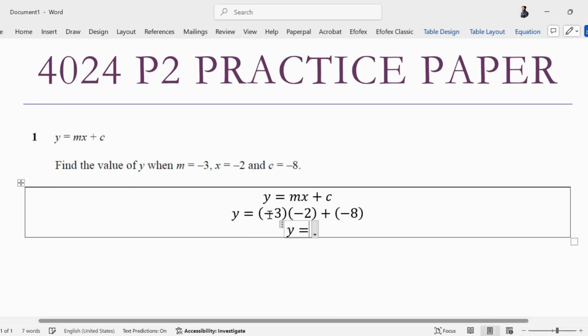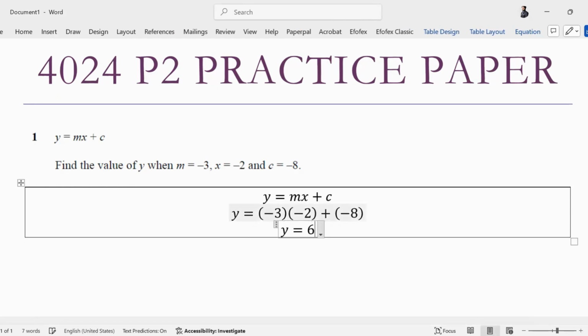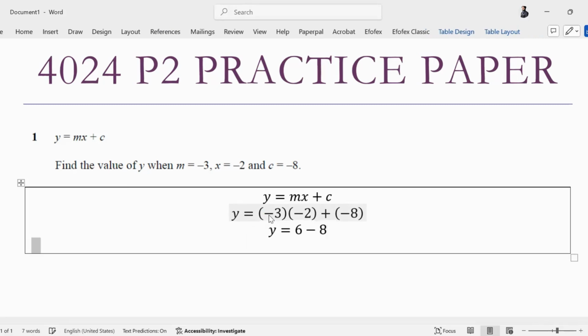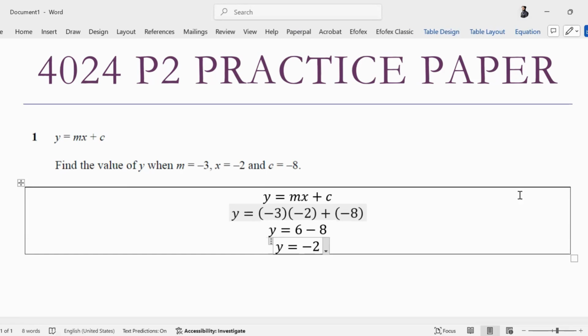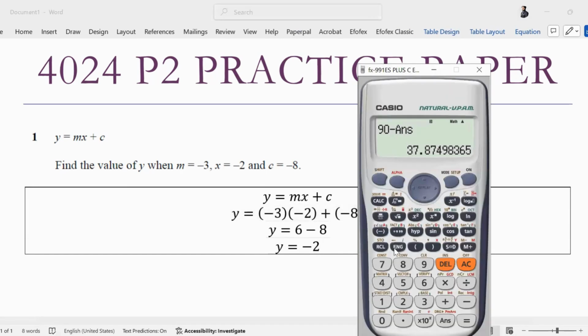So these two will multiply. -3 into -2 is +6, -8. And the answer is -2. Obviously, you would have done this in your calculator as well. This step calculator was not needed, but just letting you know, -3, -2, plus -8. So it gives you the answer is -2.